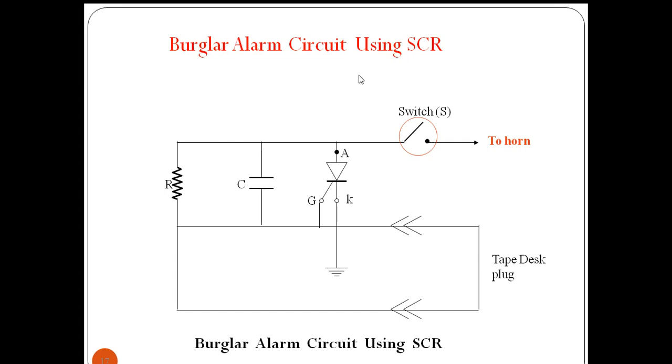If the tape deck is removed, the gate is no longer grounded. Instead, it gets connected to the car battery through a resistance R. Consequently, the gate current is set up which fires the SCR. As a result, the horn starts blowing and continues until the switch is again opened. So this is how the burglar alarm circuit will operate.